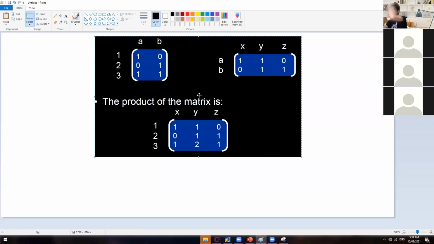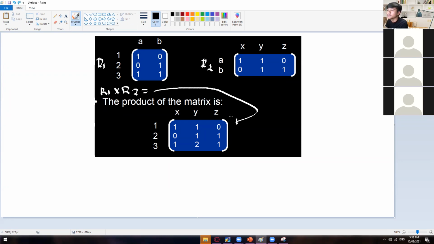All right. So how did we get this 1, 1, 0, 0, 1, 1, 1, 2, and then 1 from those two matrices? Okay. So first, this is the R1, and then this is the R2. What we're trying to get here is R1 times R2 is equal to this one.